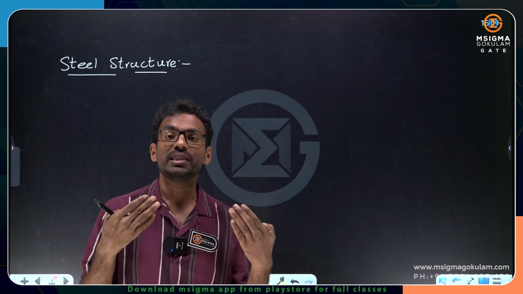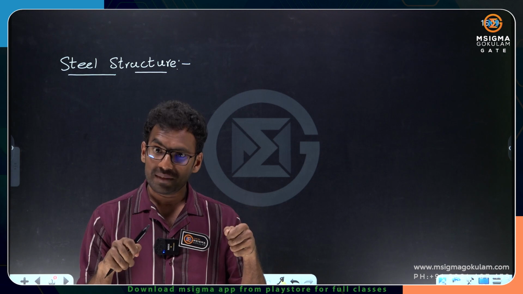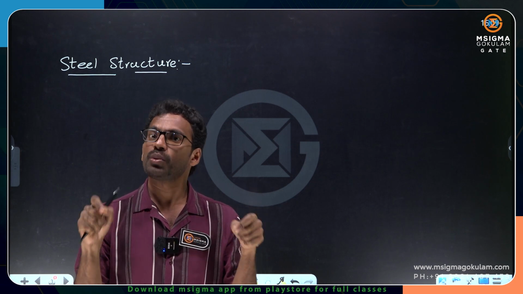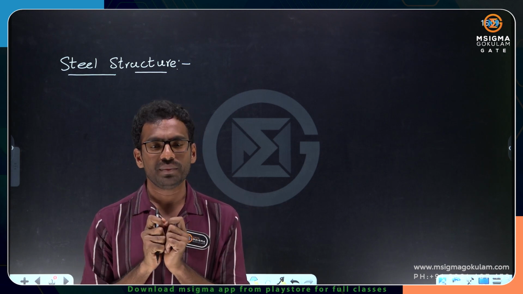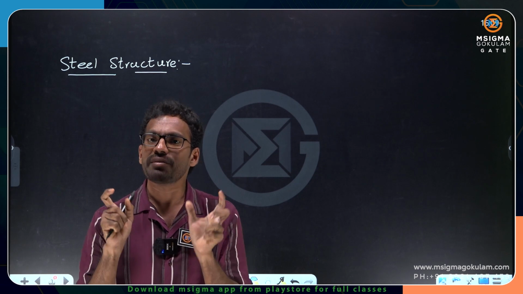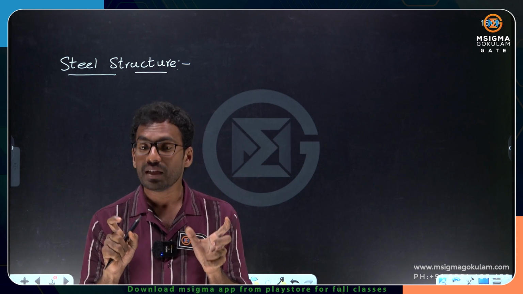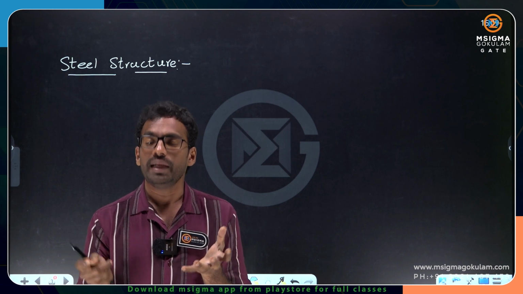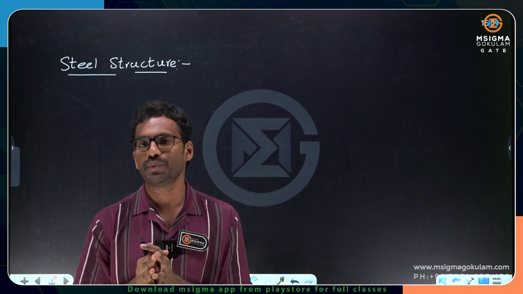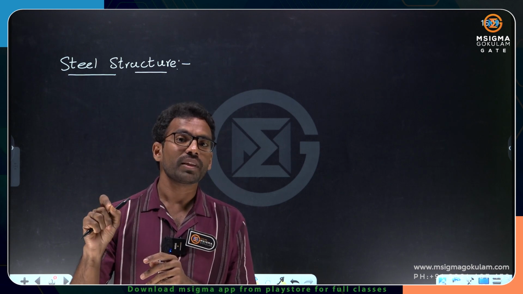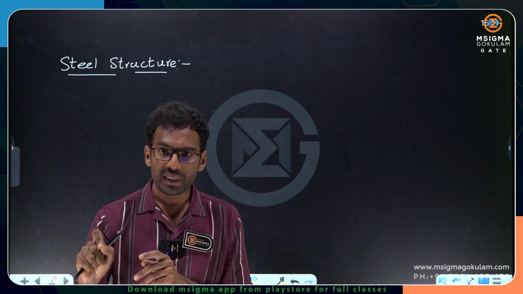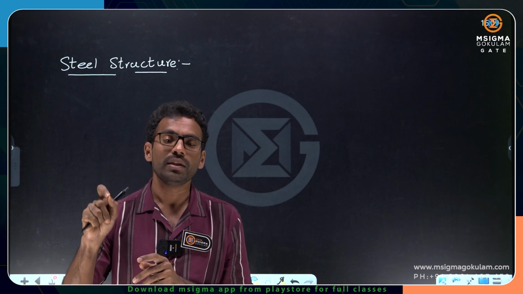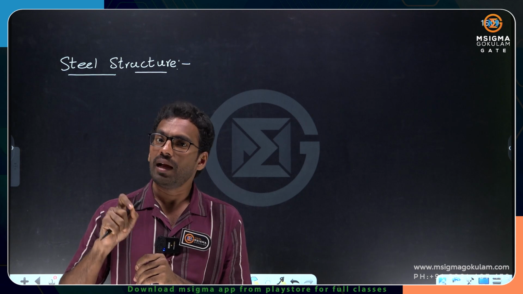They are connected together so that a system is formed, and that system should have sufficient strength and stability. Whenever you apply a force, it should be in a position to withstand those forces without undergoing much deformation. It must have stability.